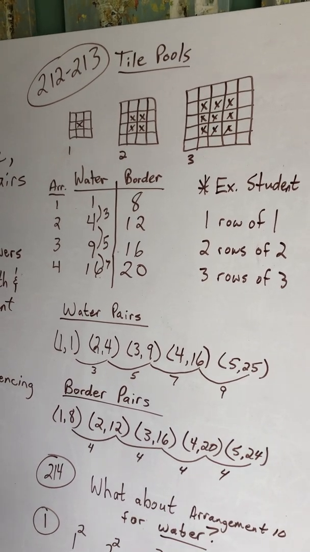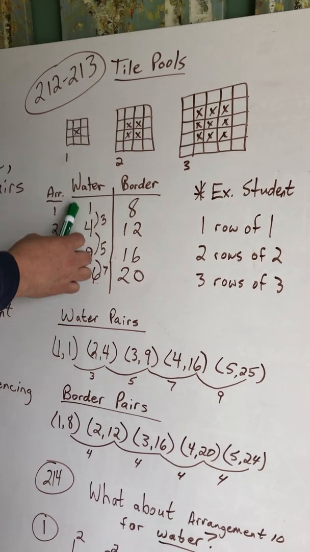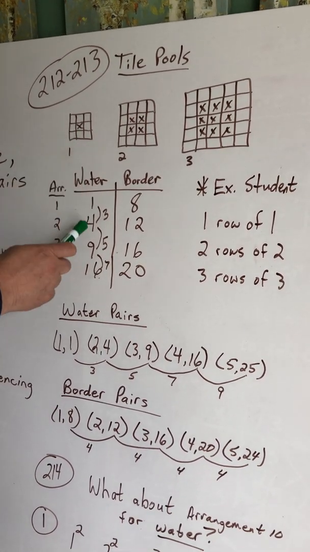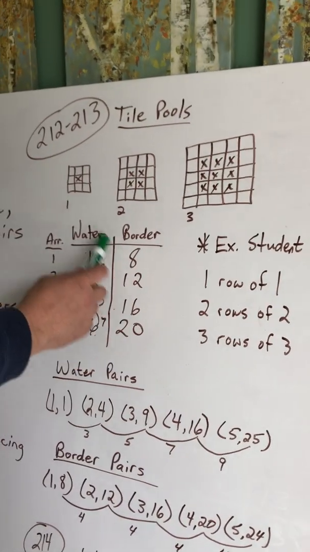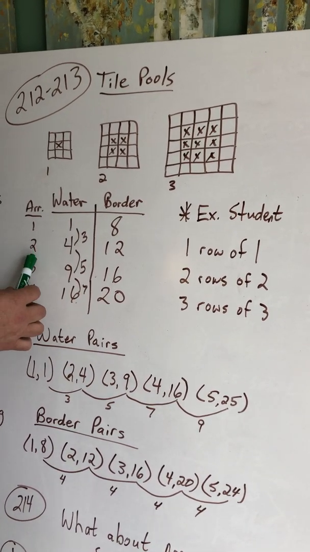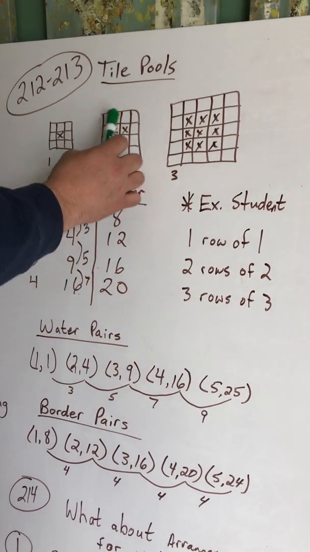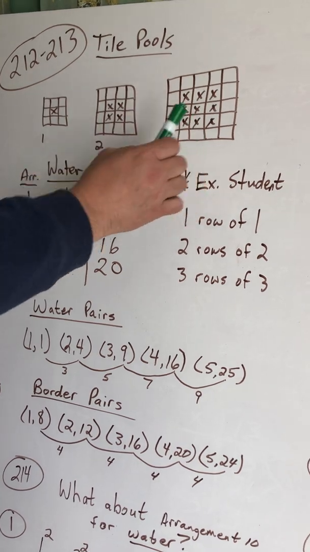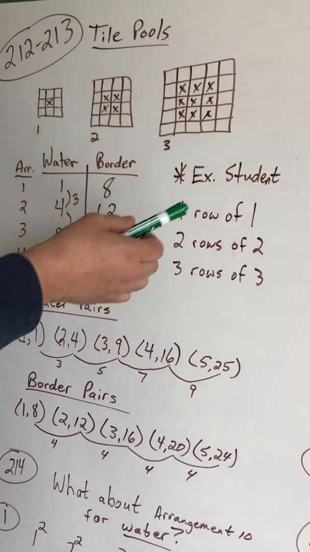So what we're looking at is, arrangement 1 has 1 water tile and 8 border tiles. Arrangement 2 has 4 water tiles and 12 borders. Arrangement 3, right here, has 9 water tiles and 16 border.